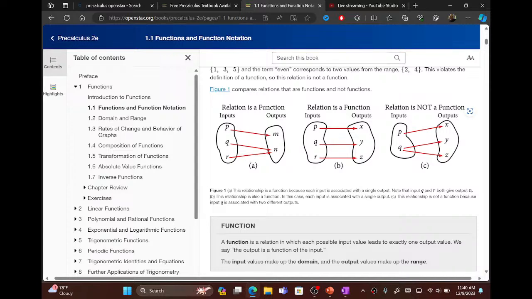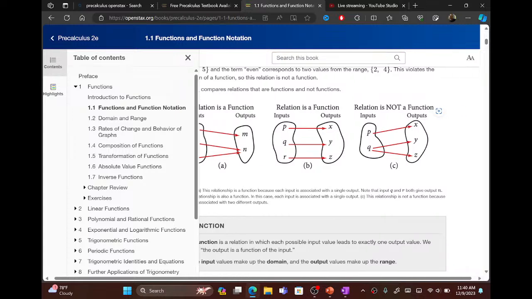One input is paired to only one output. And it's okay for part B to be a function because they're only paired to one output, right?